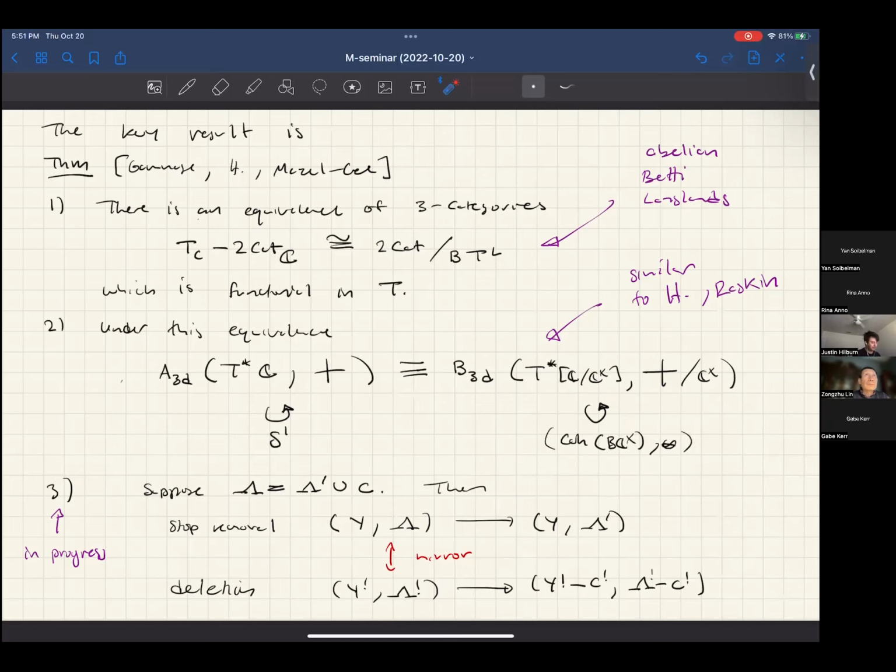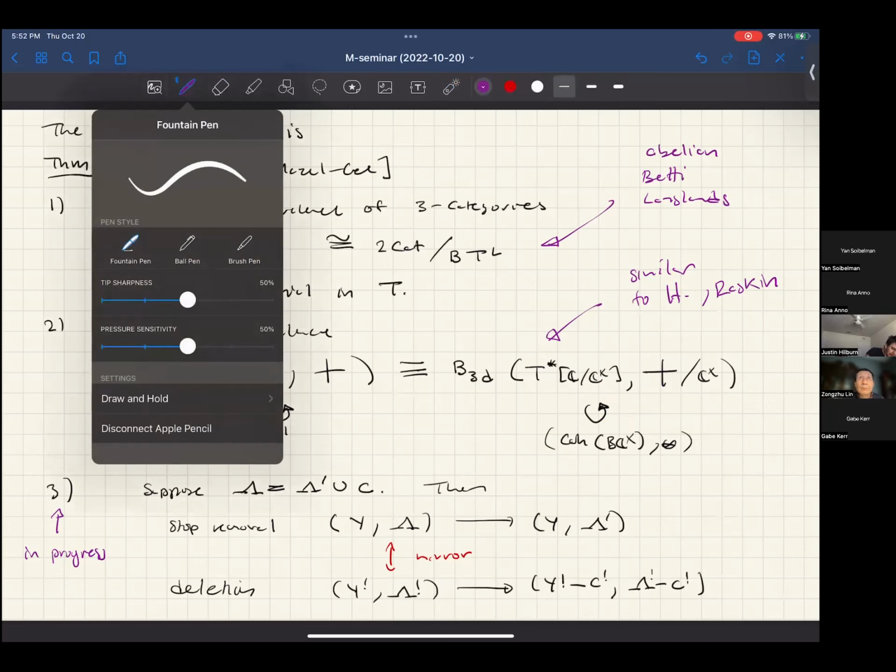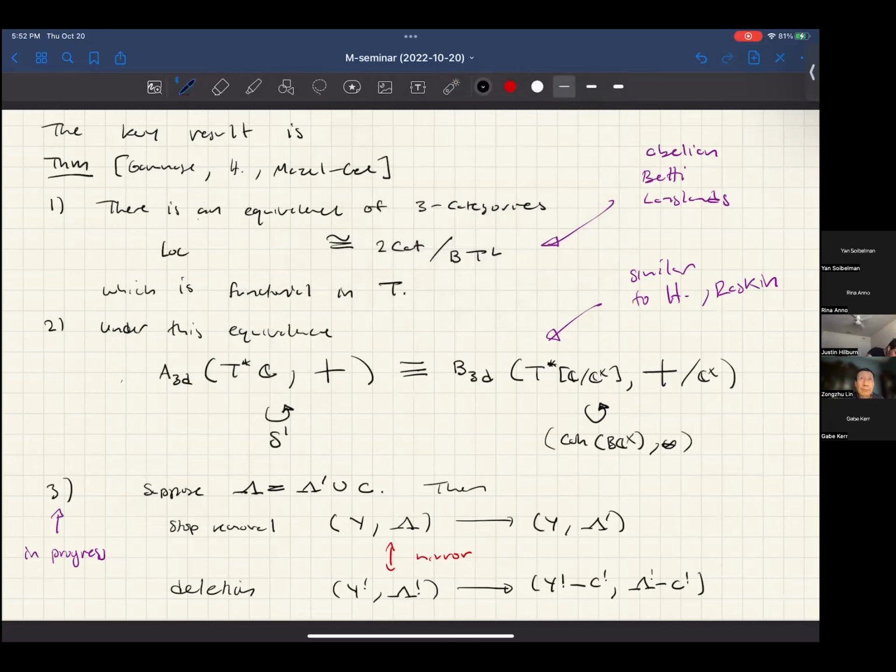The first part of this theorem is that there's an equivalence of three categories between, in my old notation, loc 3 of BT, and there's also a loc 3 of BT check, or BT Langlands dual, or sorry, a co3. And these things are the same.